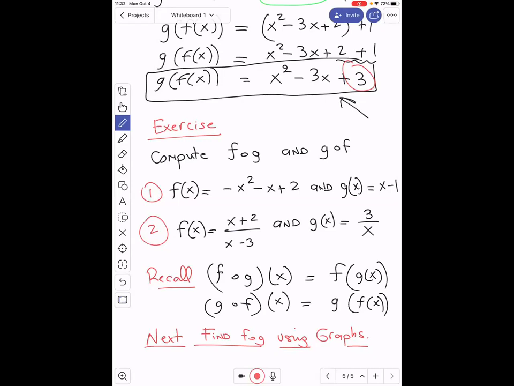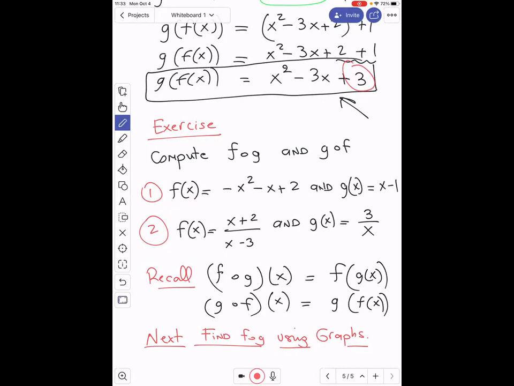For f of g, is it x squared minus 2x? No, Lewis, actually, nope. I think it's minus x squared, you mean, probably minus x squared. Yeah, I forgot to include the minus. Yeah, I think you forgot the minus. Matthew, same thing. I think you forgot the minus for number one. Your number two is actually correct. Very good.